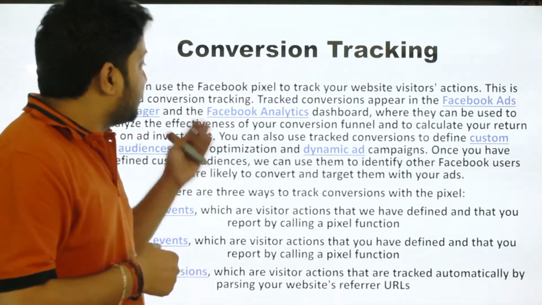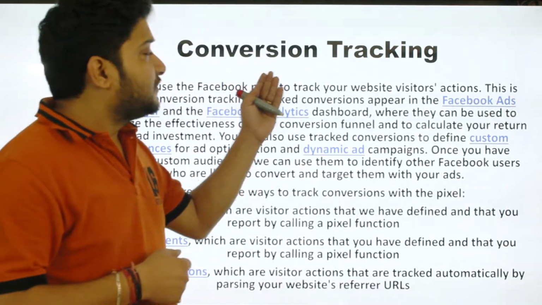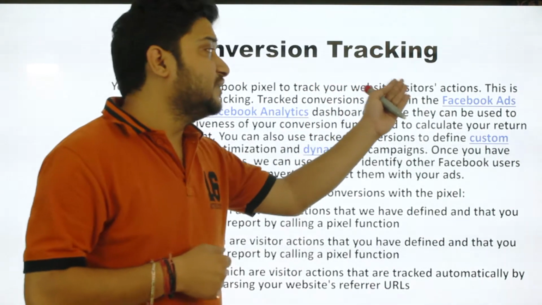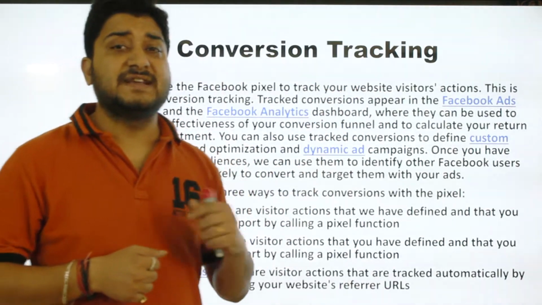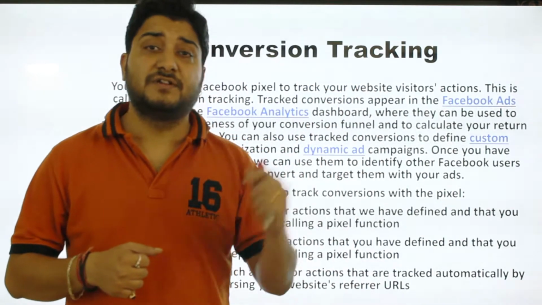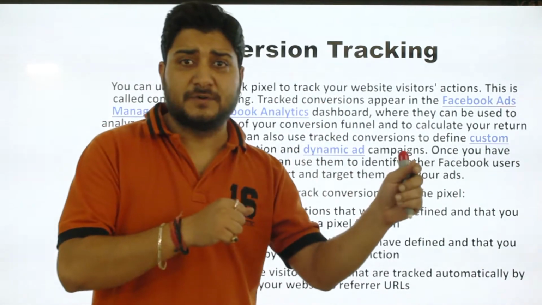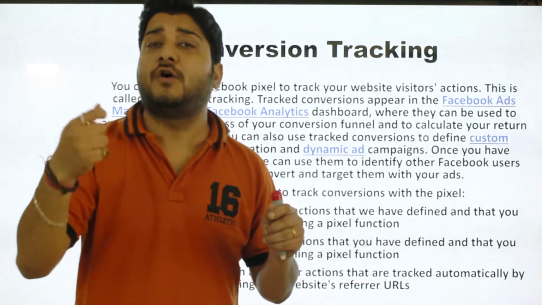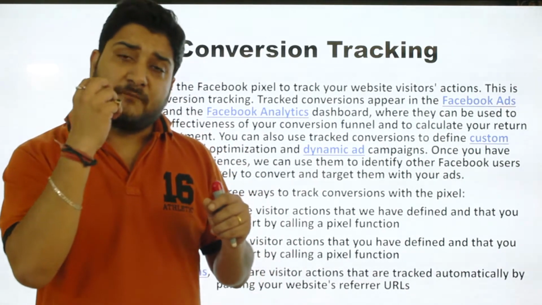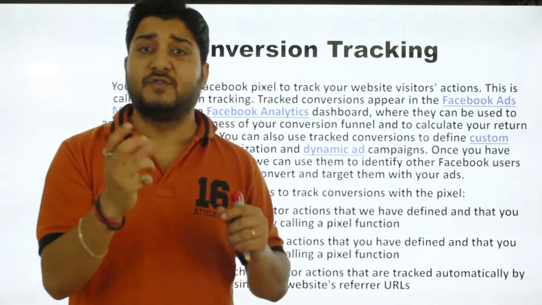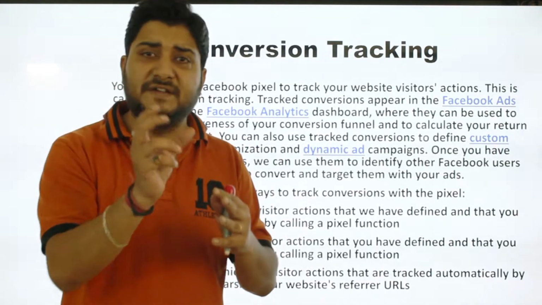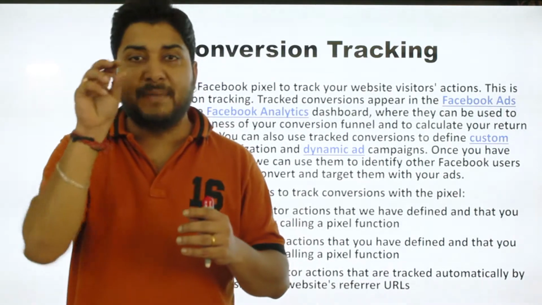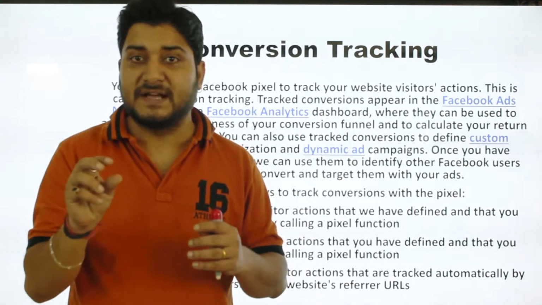So let's start. The Facebook Pixel tracks the website visitors action. So let's example somebody has interacted with your ad from Facebook and it got redirected to your website or app. So Facebook gives a small piece of code, which is a pixel. You can embed that particular pixel into your website.